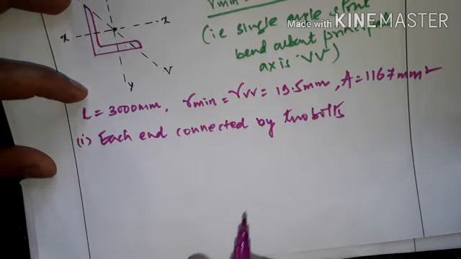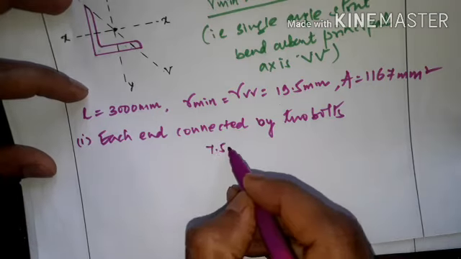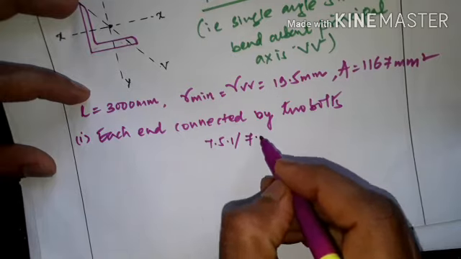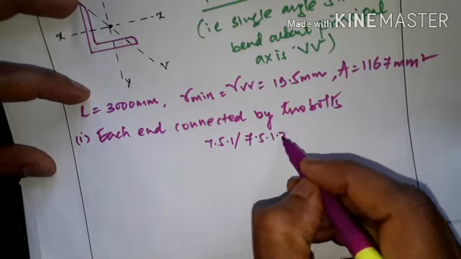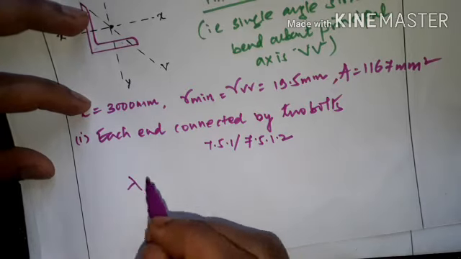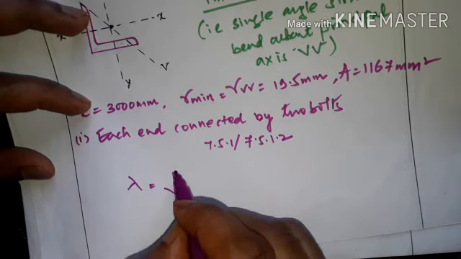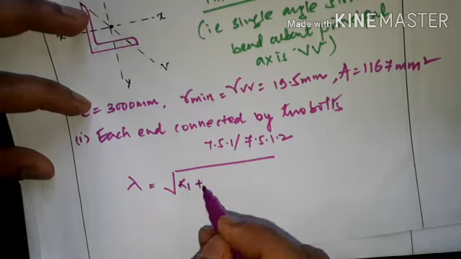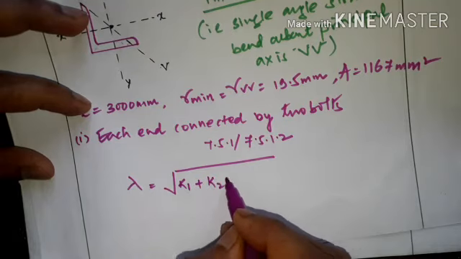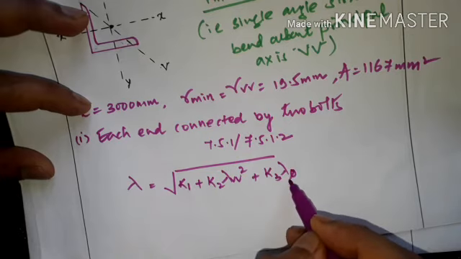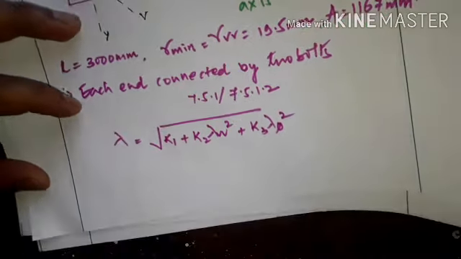As per clause 7.5.1 and 7.5.1.2, the lambda value is sqrt(K1 + K2 lambda vv square + K3 lambda phi square).